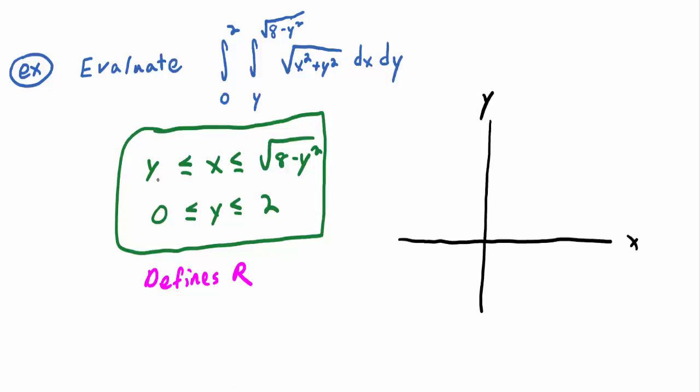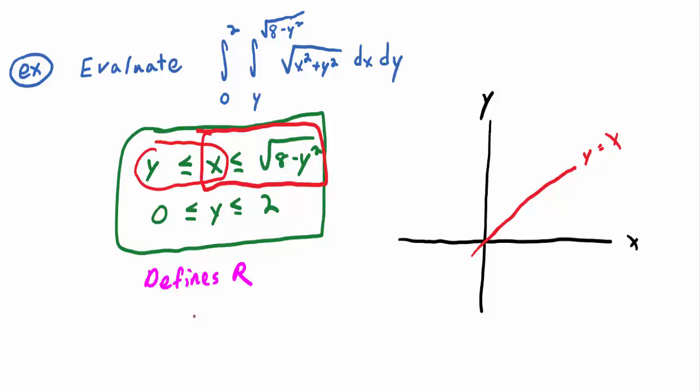Okay, first off, you want to draw the equalities, right? So y equals x. That's pretty easy, right? So y equals x is the 45-degree line, something like that anyway. Now this other one, x equals the square root of 8 minus y squared.